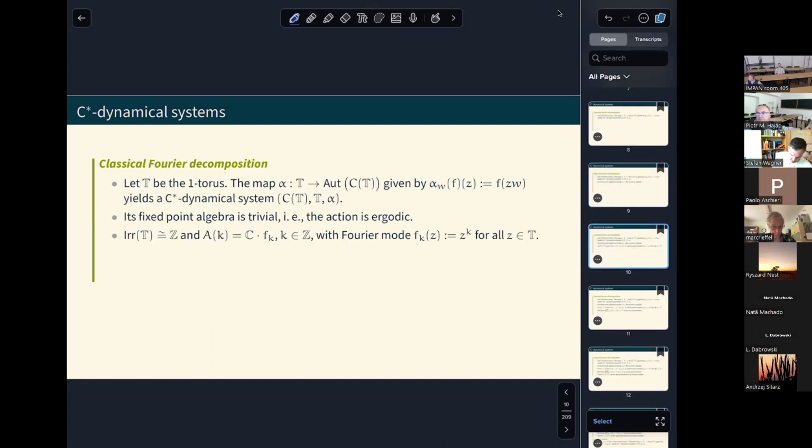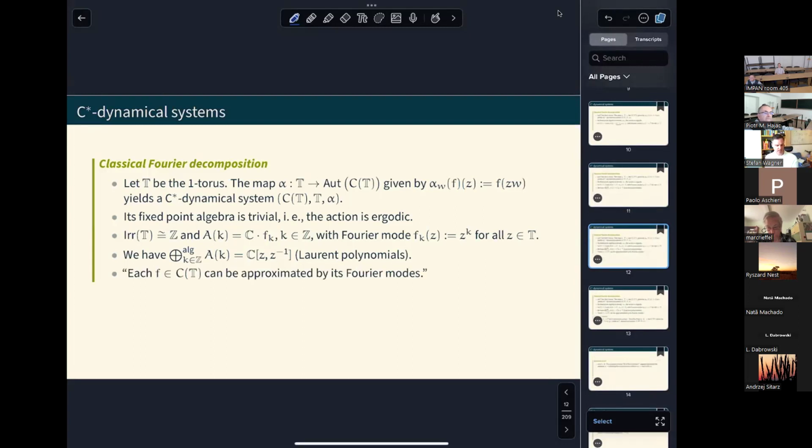They are simply multiples of the Fourier modes f_k for an integer k, which maps z to z to the power k. And how does this dense star subalgebra look? In this case, it's just the Laurent polynomials.